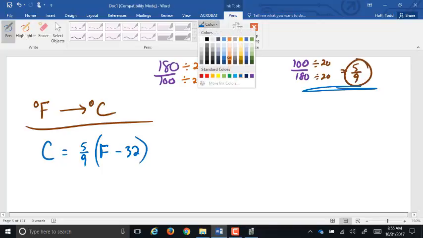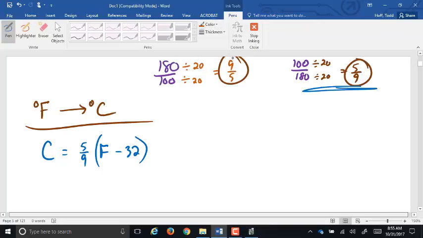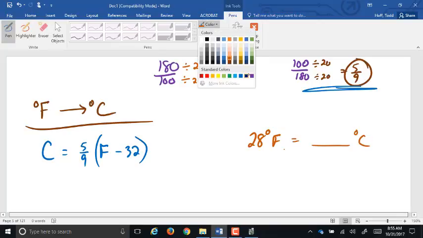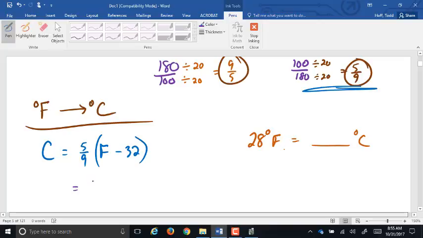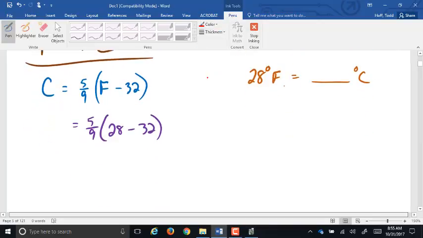So today it was, what, 28 degrees when I left home, I believe. 28 degrees Fahrenheit. What's that going to be in degrees Celsius? Well, this will be 5/9 times 28 minus 32. What is 28 minus 32? -4, right?